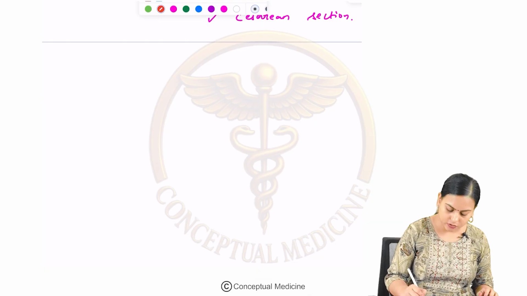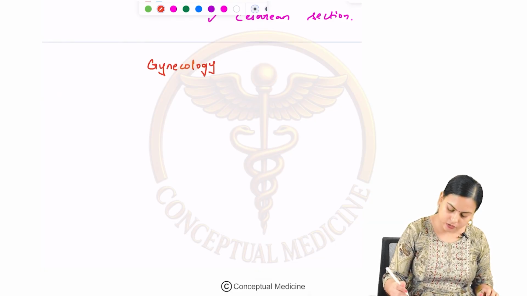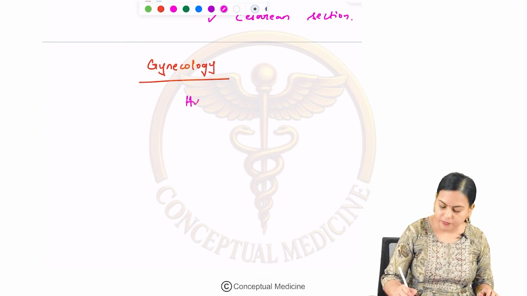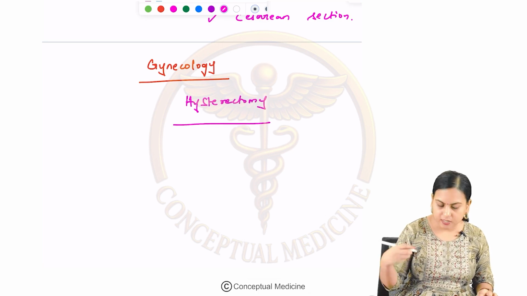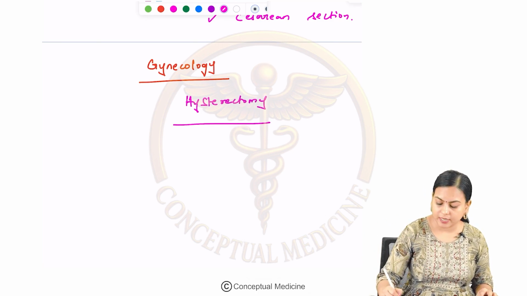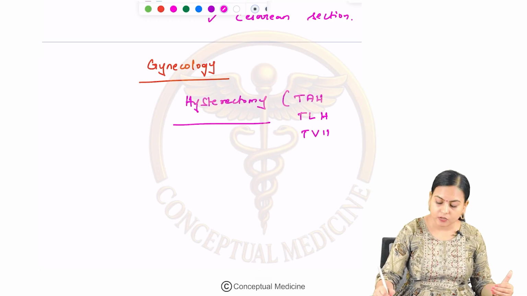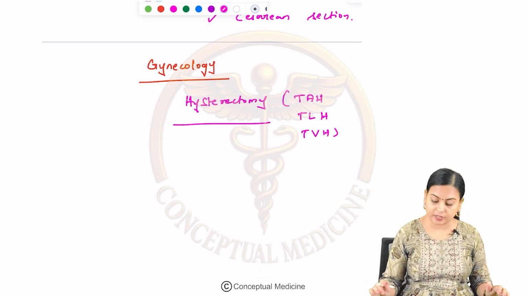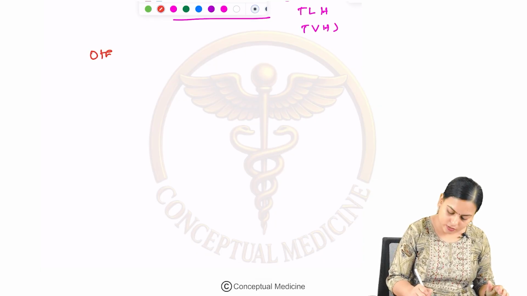And the second cause can be those arising due to gynecological causes that include, yes, mainly hysterectomy, and it can happen in any type of hysterectomy, say a total abdominal hysterectomy or total laparoscopic hysterectomy or a total vaginal hysterectomy as well. Clear? Right.